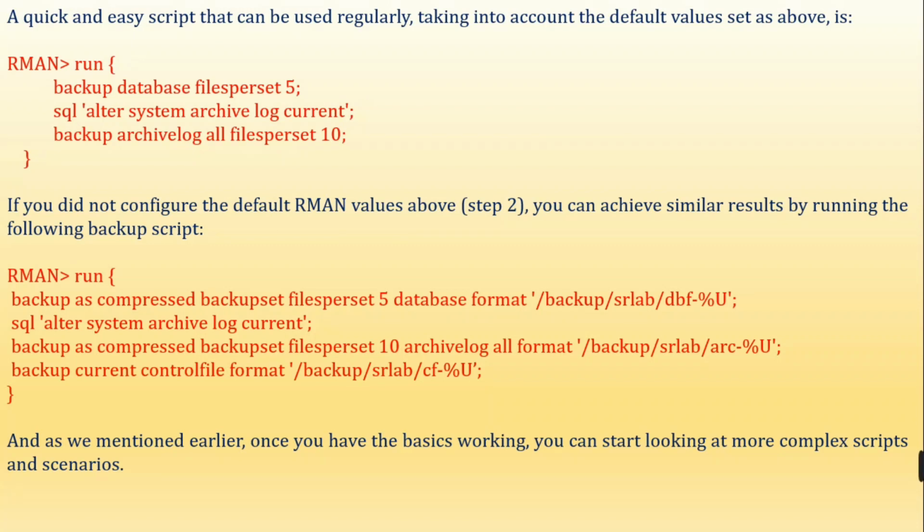You can use this script if you do not change the default values. And as we mentioned earlier, once you have the basics working, you can start looking at more complex scripts and scenarios. All right.